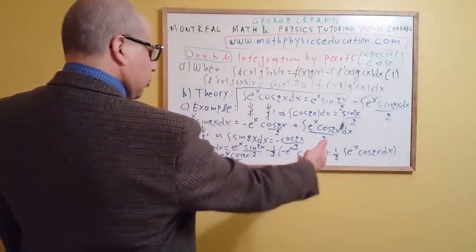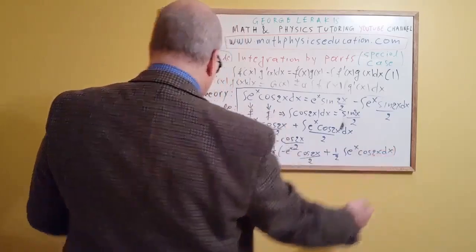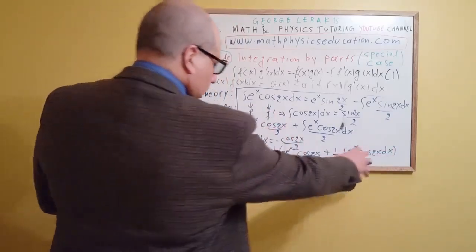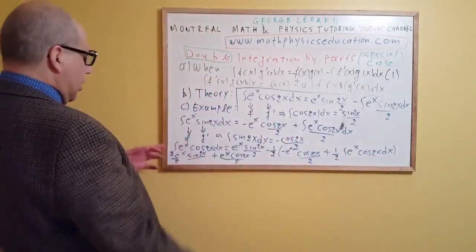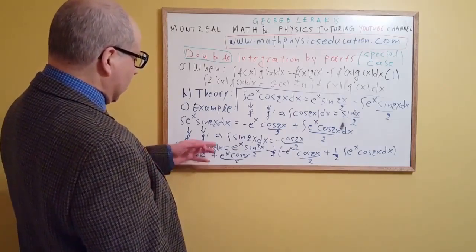If you bring the 1/4 of the integral of e to the x cos 2x dx, which you treat as your variable, to the other side, here you will have 5/4 of the integral of e to the x cos 2x dx.